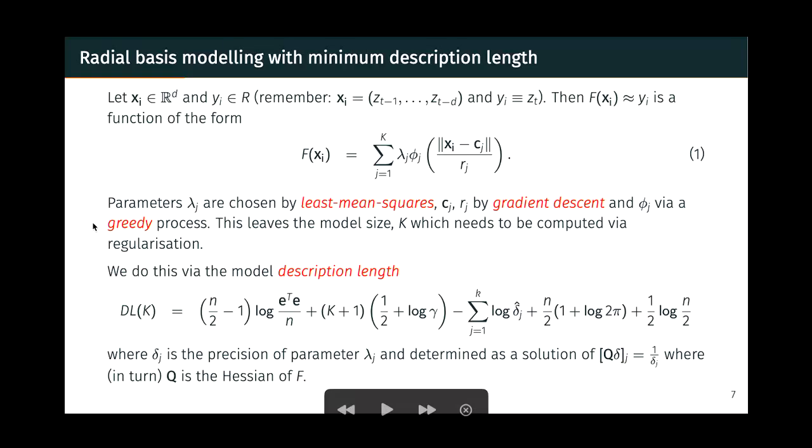K, the number of basis functions, a particular model of particular size k, I've got k as well. Gamma is a constant, don't worry about gamma. Big K and little k are the same k, that's my fault. Delta J is the precisions, which I'm going to have to find some way to calculate, but once I've calculated it, I can just sub it in there. And yep, n is the same n as over there, and this pi is the 3.14 pi, so everything's good. Everything in there I can calculate once I know my deltas.